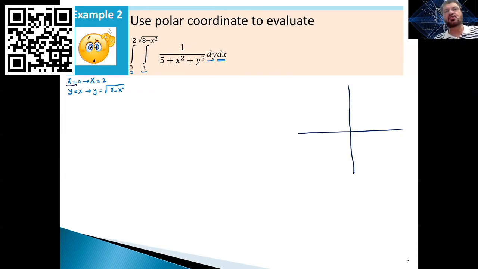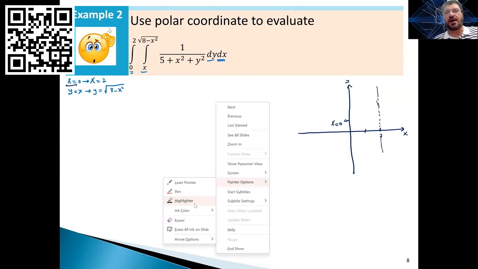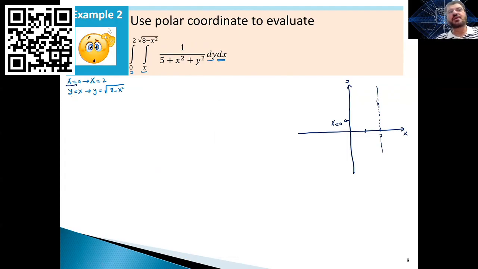I'm going to graph my region. x is from 0 to 2. Here is x equal 0, of course, to x equal 2, here is 2. So this line is x equal to 2, guys. And this is the x-axis, and that is the y-axis. Now, let's go to y. What's for y? y equal to x. We all know the graph of y equal to x.